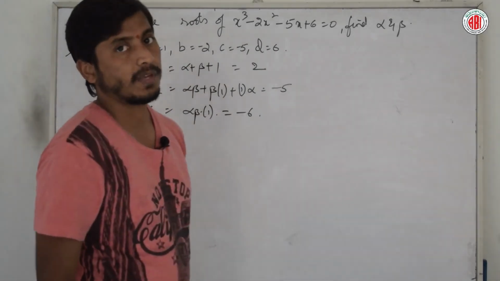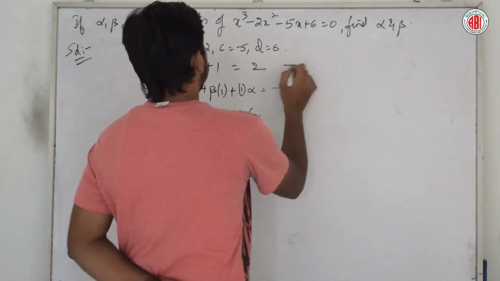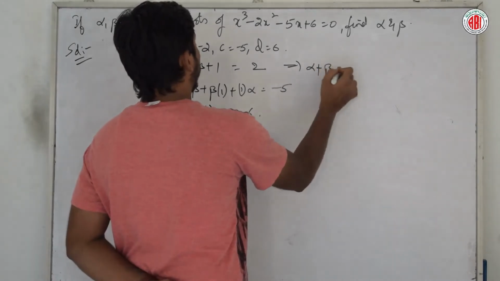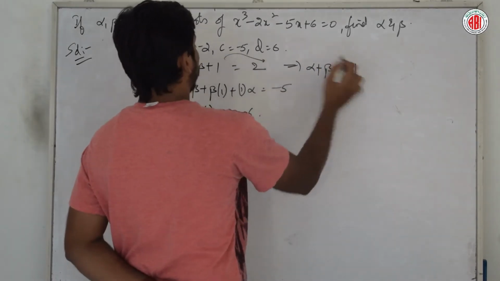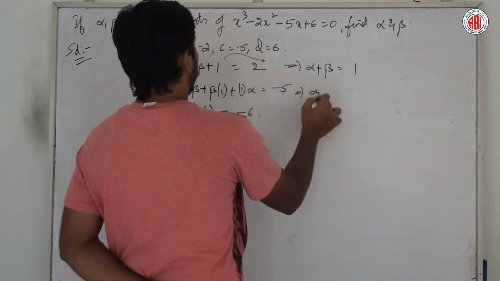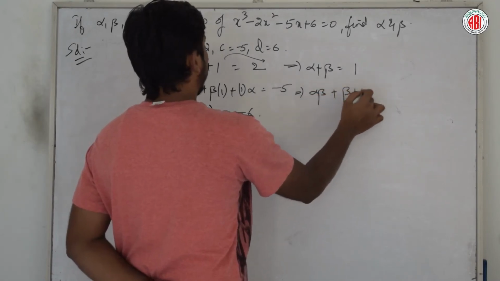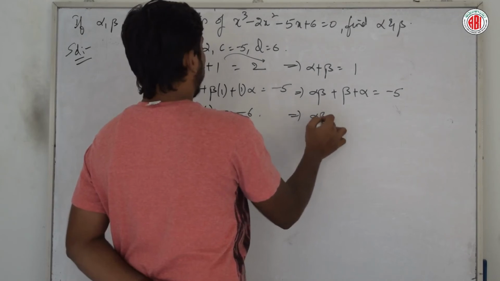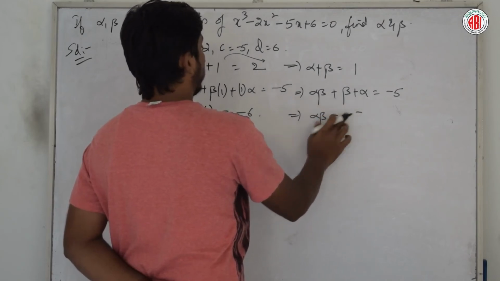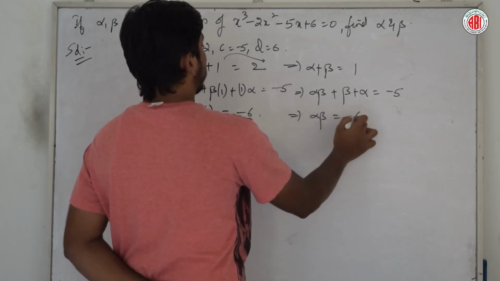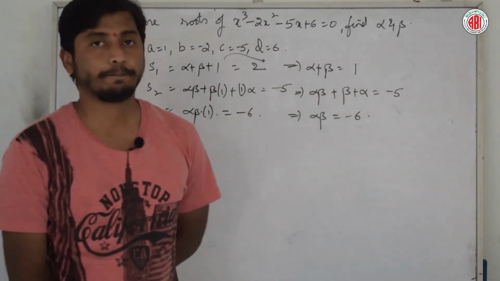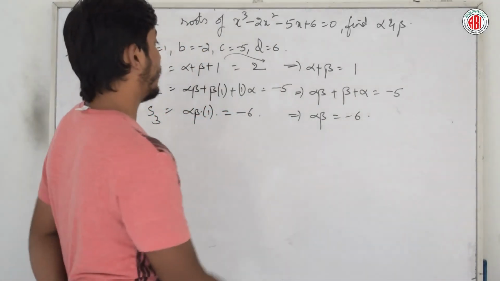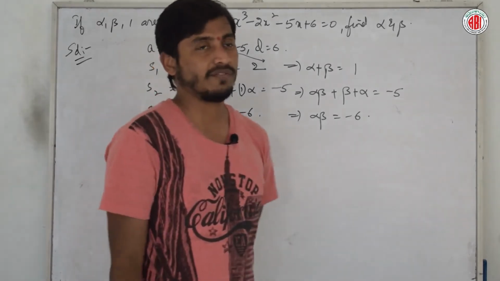So let me write this like alpha plus beta is equal to 2 minus 1 is 1, and here alpha beta plus alpha is equal to minus 5, and here alpha beta is minus 6. Done. So we have to simplify any equation from this.